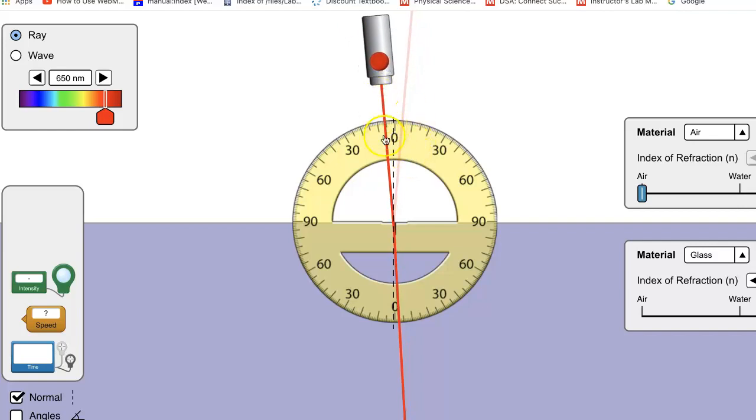This is my incident angle. This is the incident beam of light, and this is the refracted. Light is going to bend based on the relative relationship between the indices of refraction of both. Usually for air, we are going to consider it 1. And for glass, it depends on the type of glass that we are using.